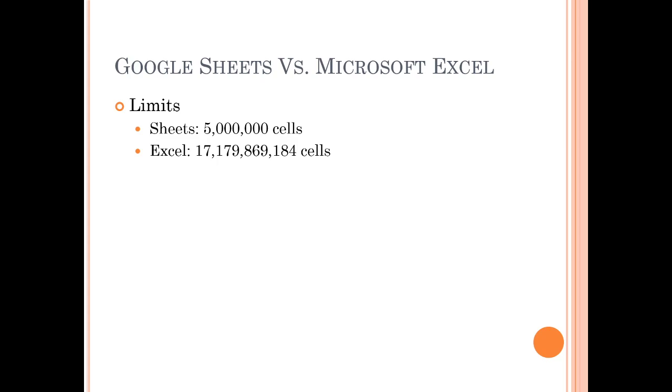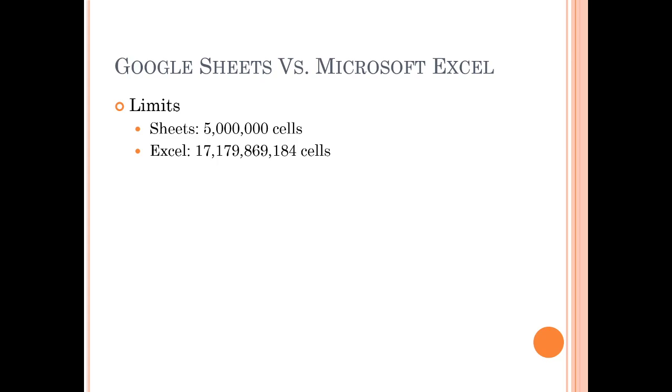All right. Now, some people seem to think that you can only collaborate on Google Sheets, and that used to be true for a while. If you don't mind using OneDrive, Excel can do it as well.